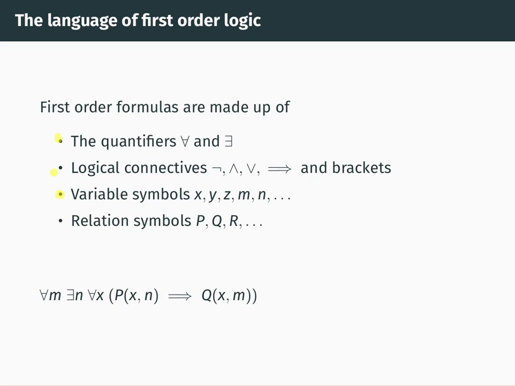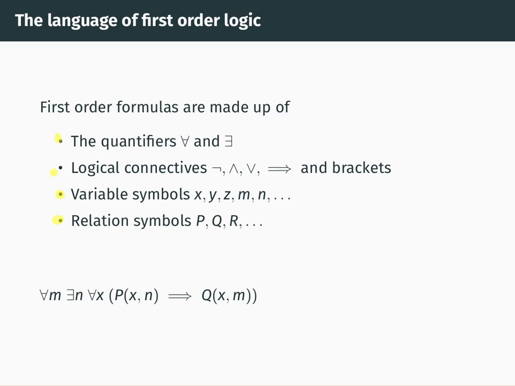Variable symbols are not the same as propositional variables. Variable symbols are not things which are true or false. Those are things which might be interpreted, for example, as real numbers, or as natural numbers, or as integers, or as elements of some other set. And the final ingredient in our first-order formulas is relation symbols, which we typically write as capital English letters.